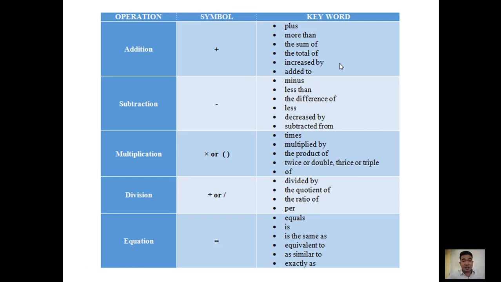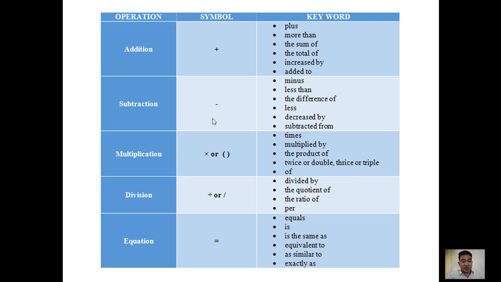When you hear these keywords, the meaning is addition or plus. The next one is subtraction. This is the symbol for subtraction, and the keywords are minus, less than, the difference of, less, decreased by, and subtracted from.